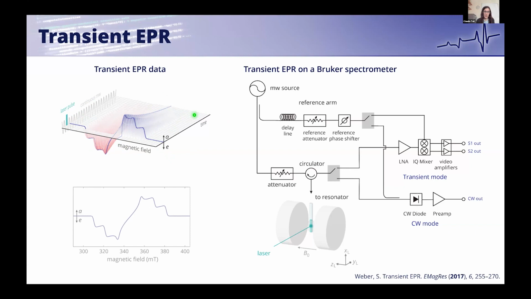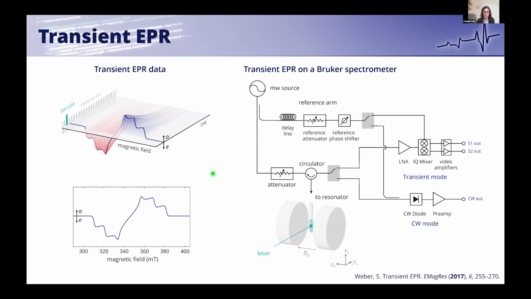So what we're going to talk about today is, if you extract a spectrum at a specific time after laser excitation, you get this 1D spectrum, which you can then simulate to learn more about the state that generated the spectrum. What you can see here is that some features in the spectrum are negative and some are positive.